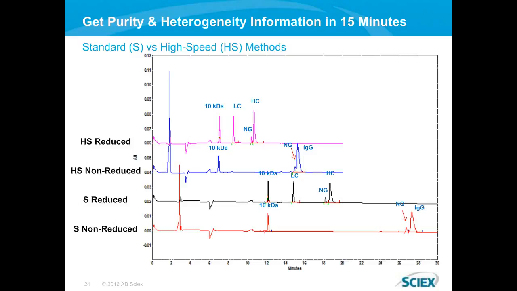For the reduced, we're coming out right around 11 minutes for the high-speed method, whereas we're at right around 20 minutes for the standard method. But you still get that non-glycosylated peak there. Again, still good sensitivity and resolution on things like the light chain and the heavy chain. And even with the non-reduced, we still get that non-glycosylated peak there. But again, with a significant decrease in separation time.